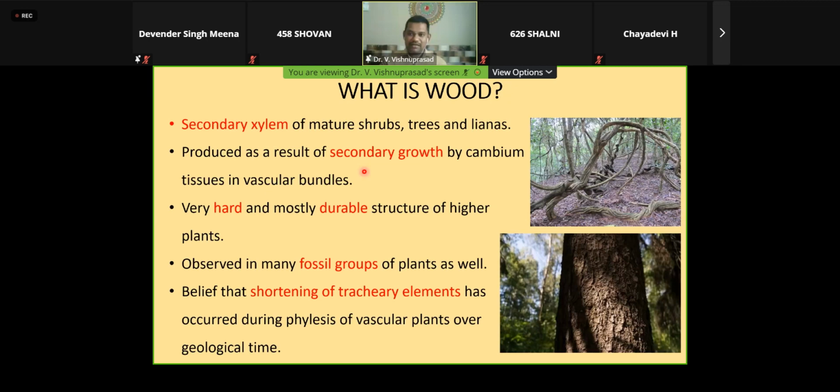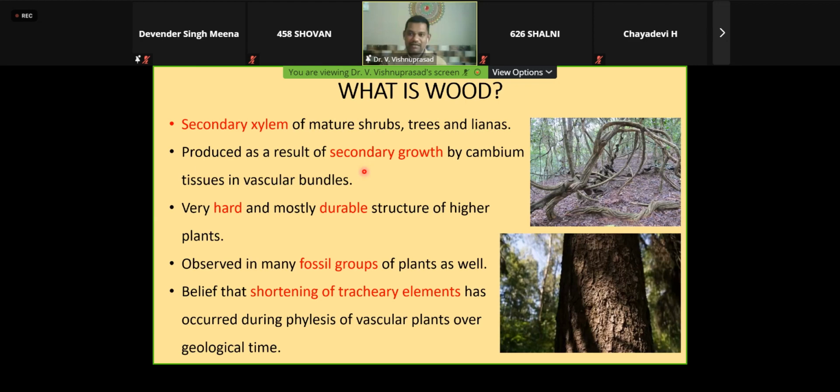So shortening of the tracheary elements means what exactly happened? Instead of having one or two long ones, they were divided into shorter ones, so that the conduction becomes efficient. Whenever you study about adaptations, naturally inherited adaptations, all the adaptations are always for some purpose.